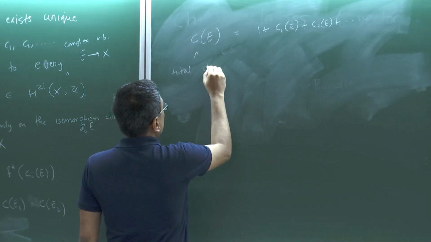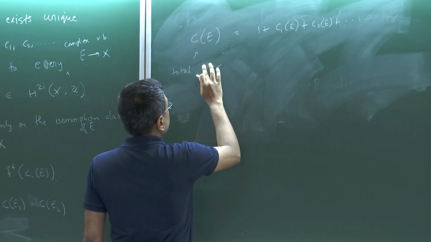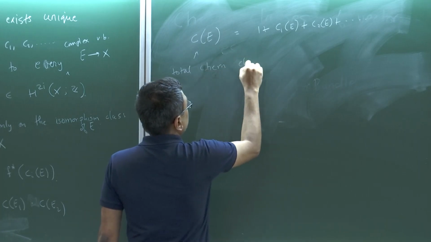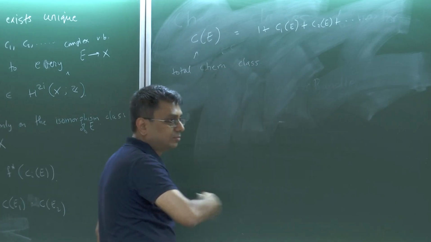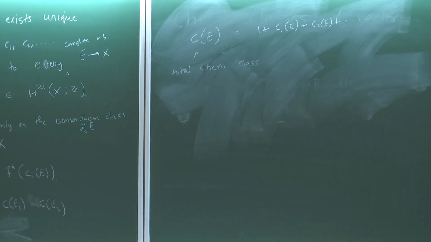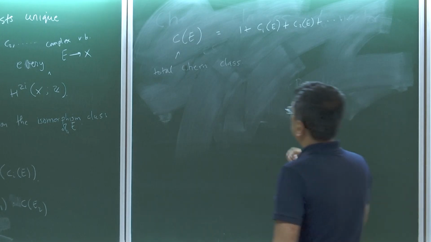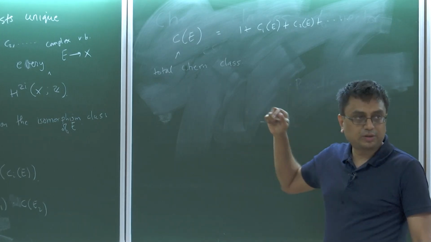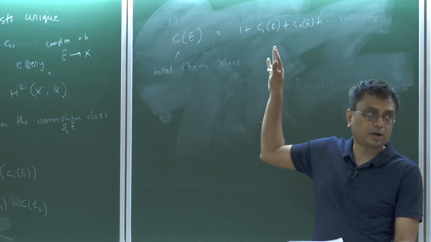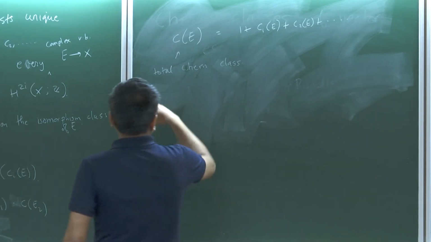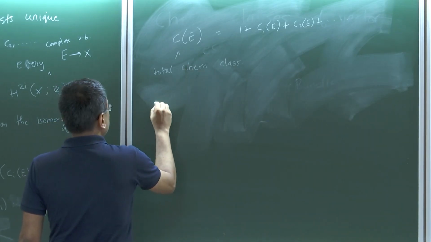This is called the total Chern class of E. I just take the sum of all Chern classes. The problem is it is not living in any one cohomology group, but in the whole cohomology ring. As Nitin pointed out, this actually appears to live in the product, but the next axiom says it is actually in the direct sum. So it's actually in the cohomology ring.